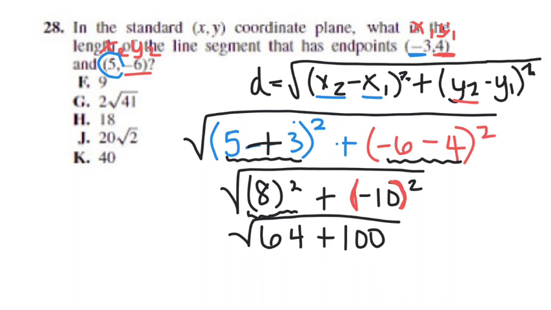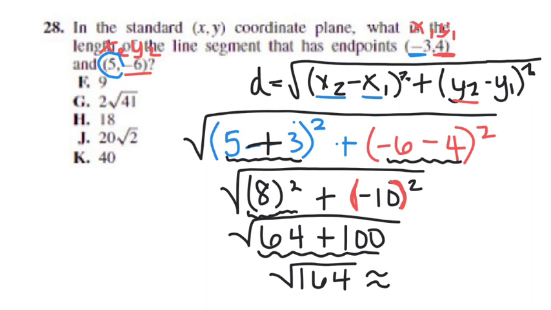Otherwise the calculator will tell you the answer is -100 instead of positive 100, and that's not true. Then keep PEMDASing: 64 plus 100 is 164. Then put that in your calculator and see if it comes out evenly, which it doesn't.